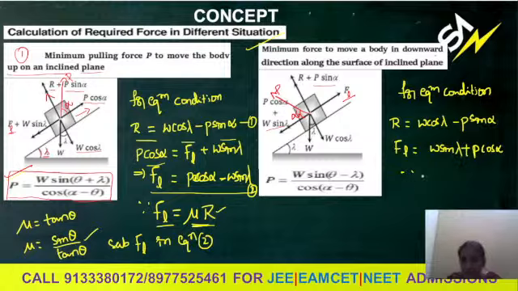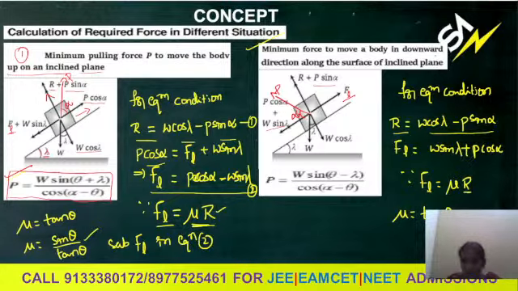And we know that the limiting friction value is equal to mu into R. For R we substitute this value here, and mu is equal to tan theta. We have proved at the angle of repose that the coefficient of friction is equal to the tangent of the angle of repose.